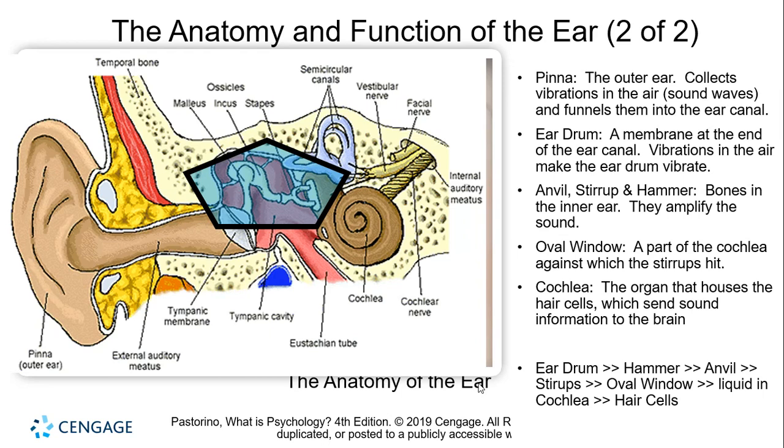Now, you'll notice that your stirrups are attached to the oval window. And what the stirrups do is they kind of just drum against the oval window. And inside your cochlea is liquid. And that liquid then vibrates depending on how the stirrups hit against the oval window.